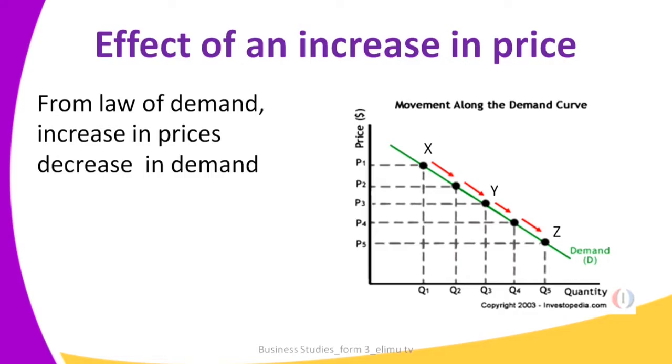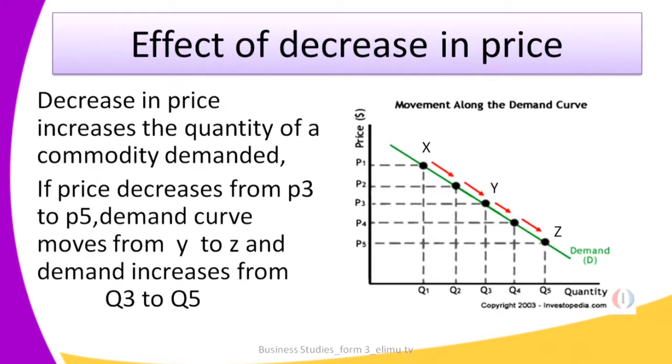Let's now look at the effect of a decrease in price along the demand curve. A decrease in price, still from the law of demand: when price decreases, there is an increase in the quantity of a commodity demanded, and our starting point was P3. If price decreases from P3 to P5, quantity demanded increases from Q3 to Q5.